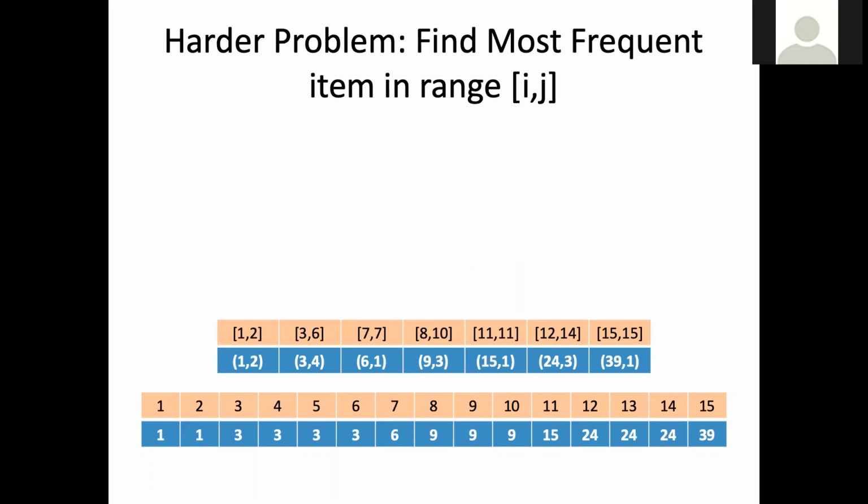We still want to put in the index as the primary key, right? Remember, your original array now is sorted. Oh, it's sorted.